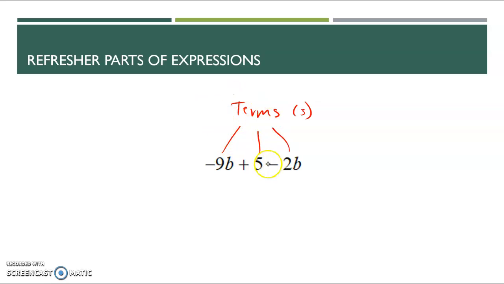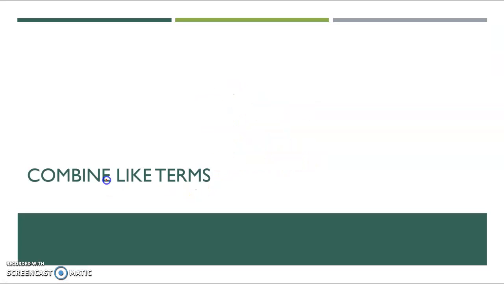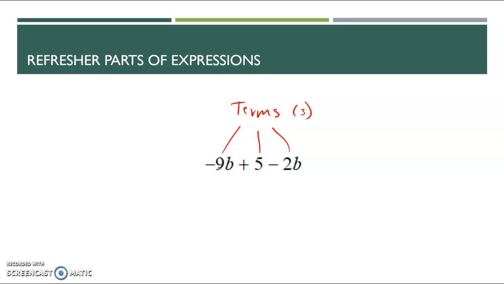So again, all three of these are terms, and then from there, we talked about coefficients, and that coefficients were the numbers in front of our variables, and we'll talk about variables in just a second. So in this case, our -9 and our -2 would be considered coefficients.